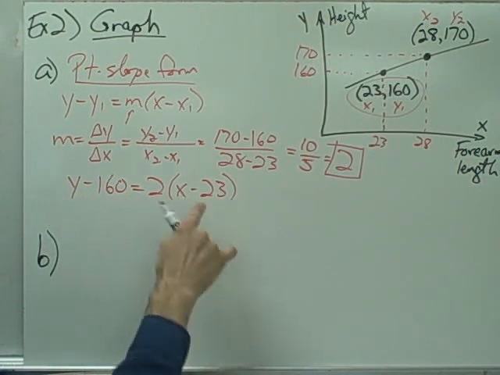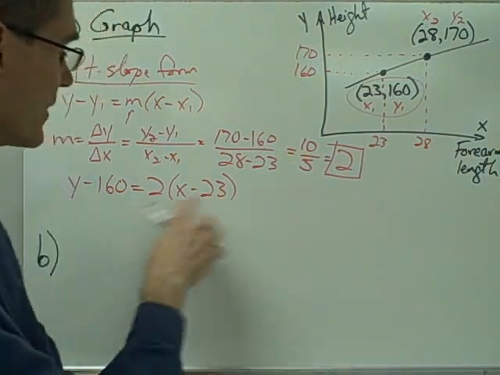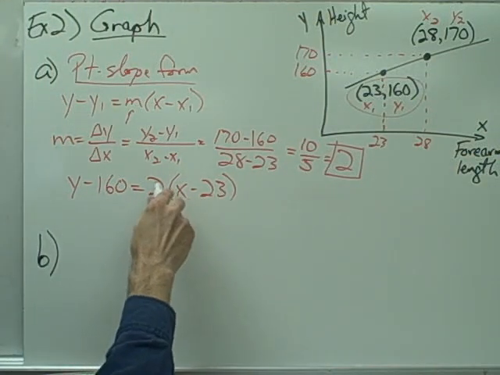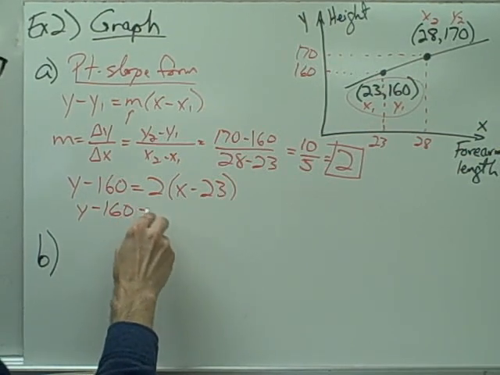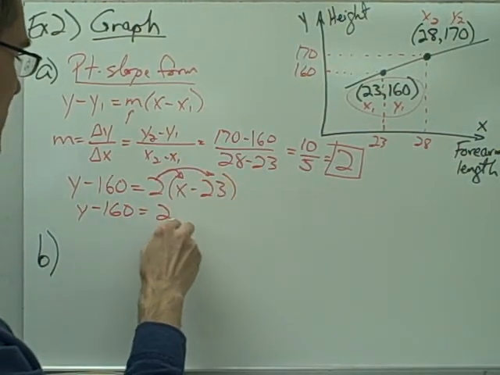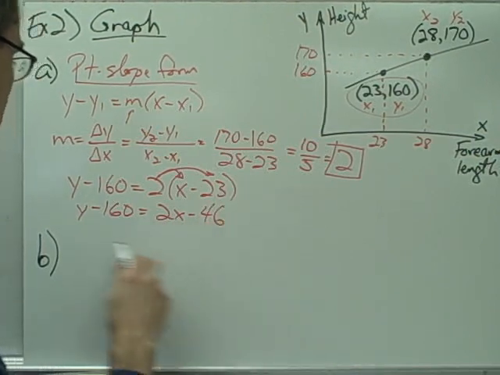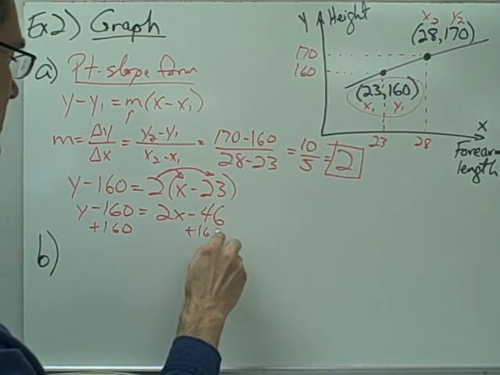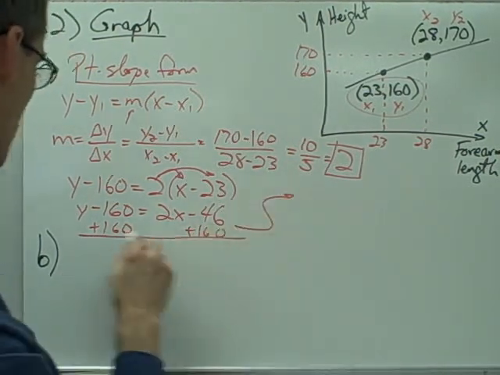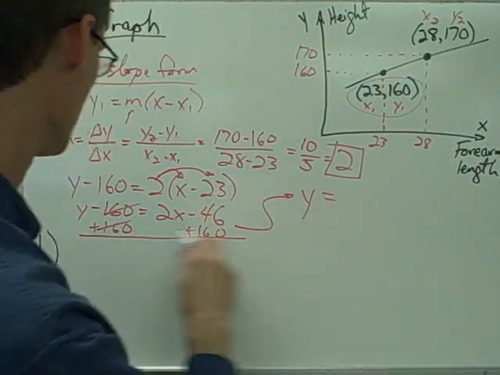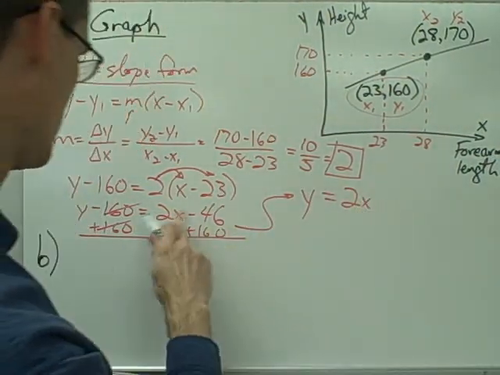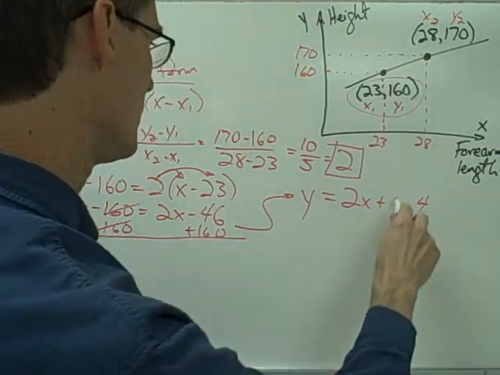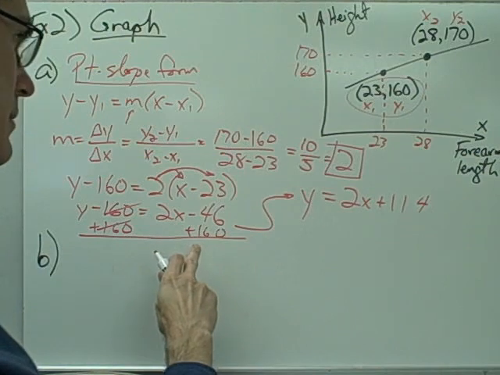Now I want to go ahead and put this into slope-intercept form because that's the most useful form of the equation of a line. So let me do a little bit of algebra here. I'll use my distributive property. That gives me 2x minus 46. And if I add 160 to both sides, then that gives me y equals 2x plus 114. Yep.